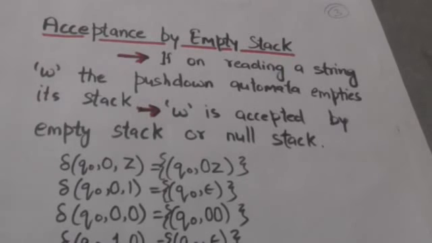Now we will study about acceptance by empty stack. If on reading a string W, the Pushdown Automata empties its stack, then string W is accepted by Pushdown Automata by empty stack or by null stack.